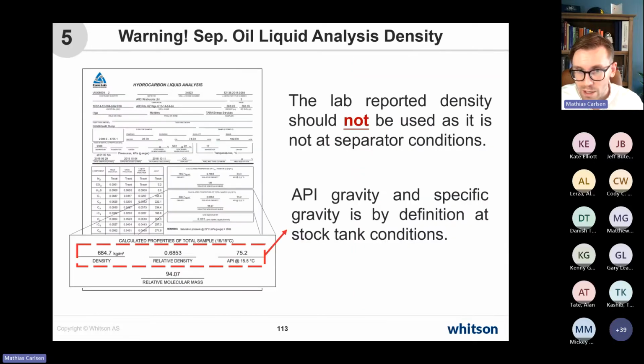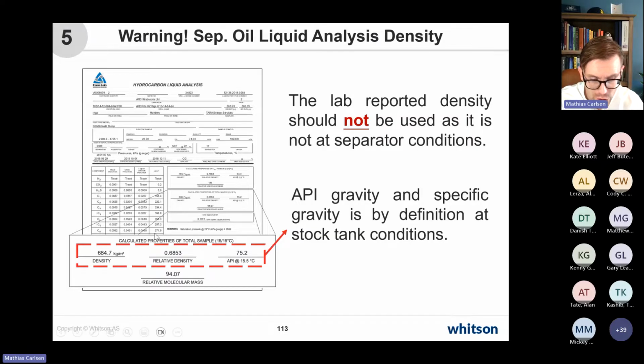One thing we see many times is that API gravity is being used for conditions that are not stock tank conditions. This is a good example, where they're using the hydrocarbon liquid analysis at separated conditions. The separated conditions are not stock tank conditions, and the API gravity is defined at stock tank conditions.